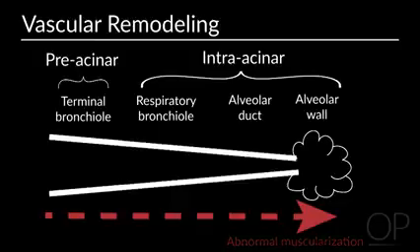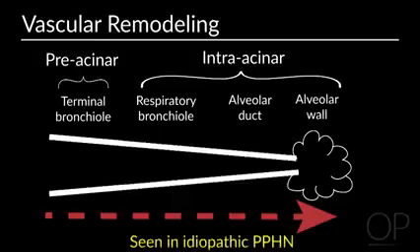This is the case of idiopathic PPHN, where the substrate of pulmonary hypertension is related to vascular anomalies, and it has also been described in congenital diaphragmatic hernia.